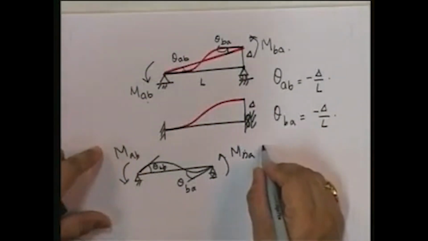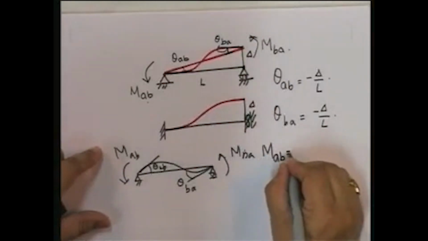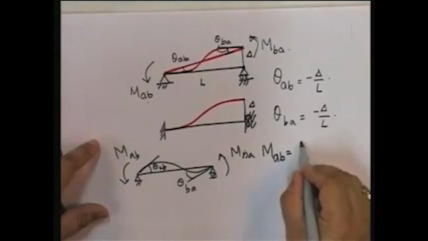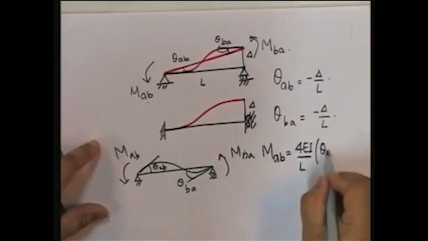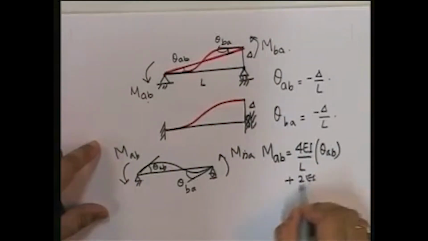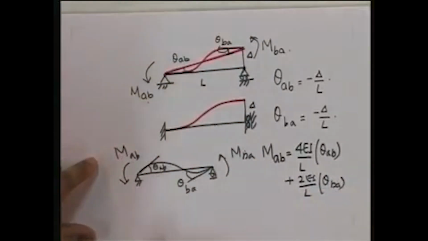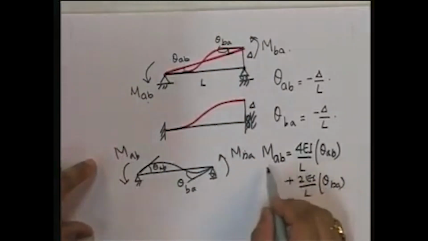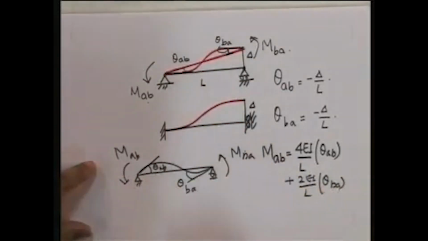MAB is equal to 4 EI by L theta AB plus 2 EI by L theta BA. Okay, so if I put that in, and similarly MBA is equal to 4 EI upon L theta BA plus 2 EI upon L theta AB, that we have already got there.